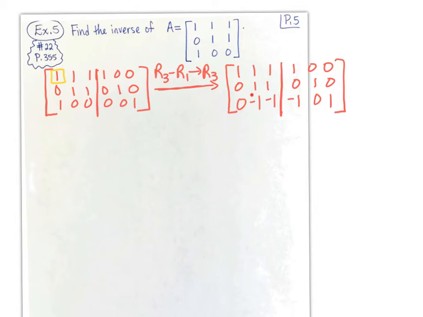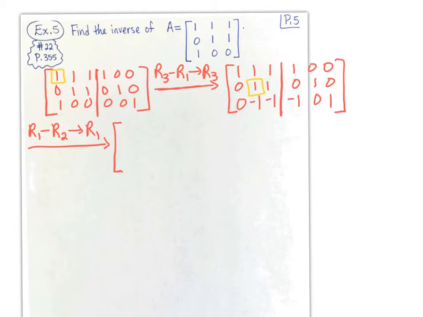The 2, 2 position. Good. This is the one you're using as your pivot because you said do row 1 minus row 2 to get a new row 1, which means you're using row 2 as your pivot. That's what that means. Okay, so this 1 is your pivot, so row 1 minus row 2.